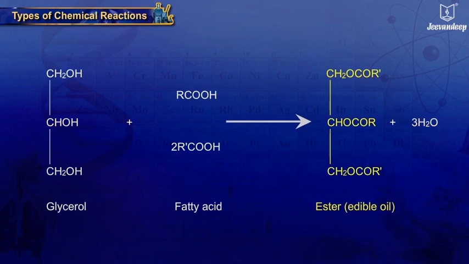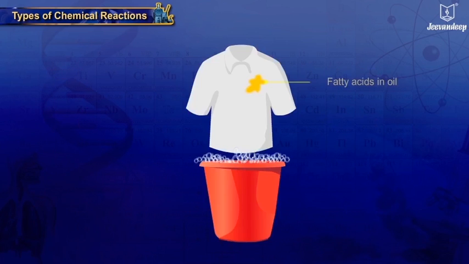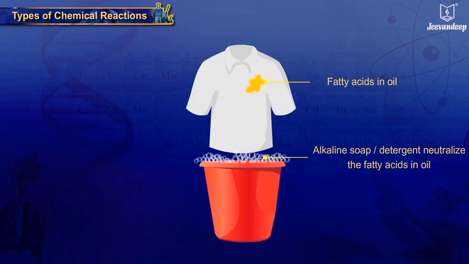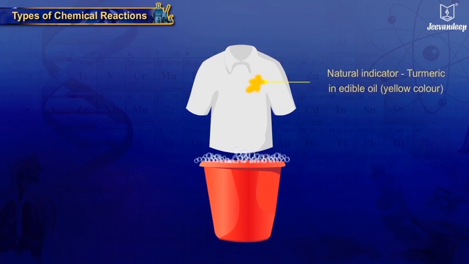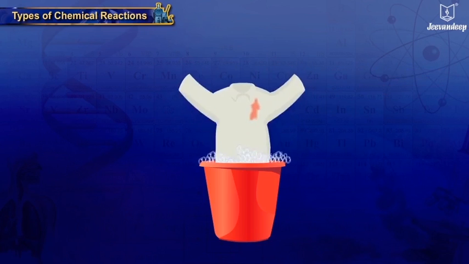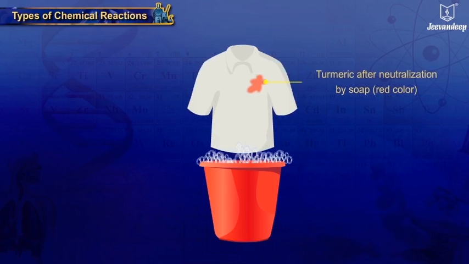Edible oils are compounds, that is, esters of alcohols and organic acids, that is, carboxylic acids. These acids in oil are neutralized by alkaline soap or detergents, and this reaction is indicated by turmeric, that is, the yellow color present in food, which turns red in color.